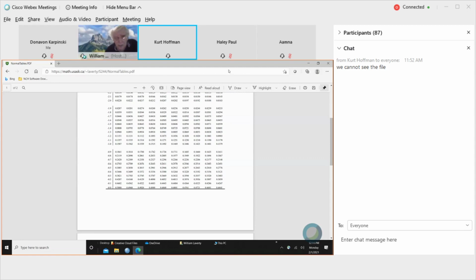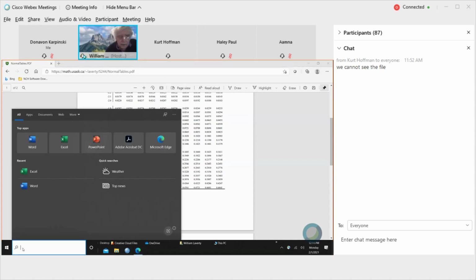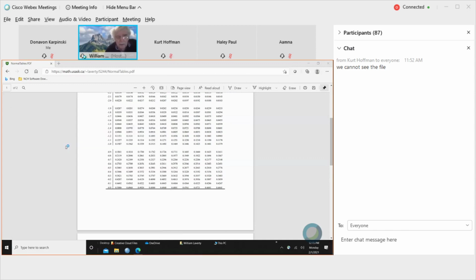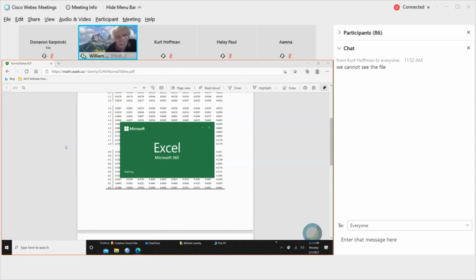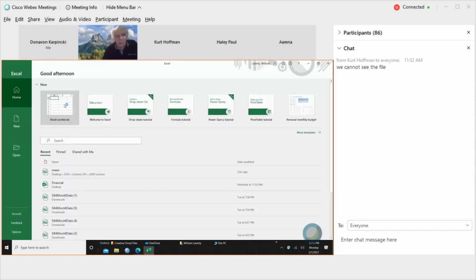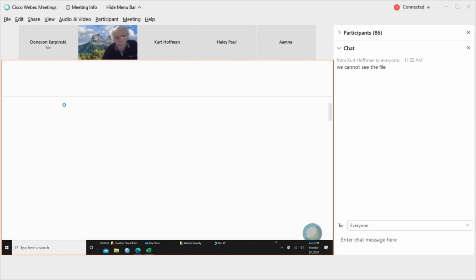Now you can also find those values using Excel. Here I'll pick up a blank workbook.